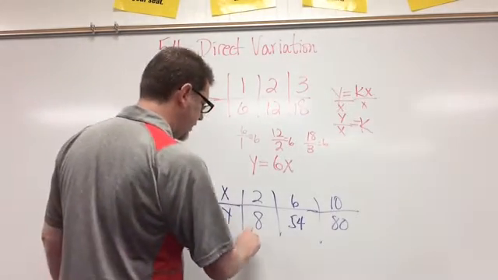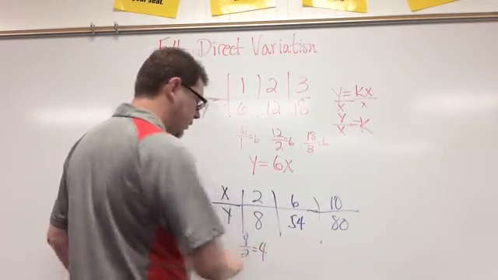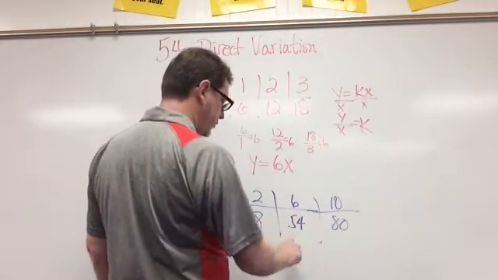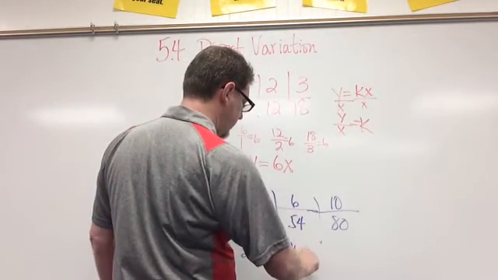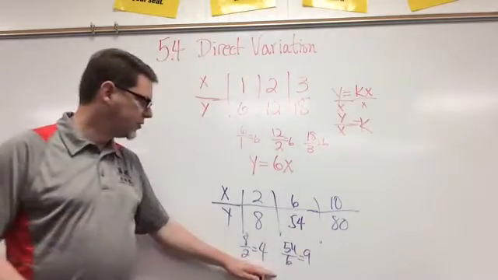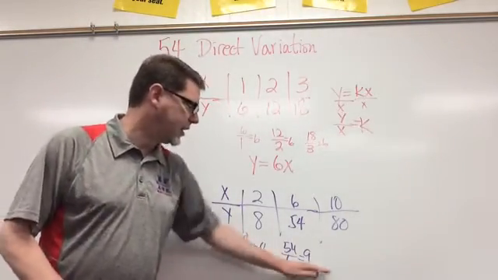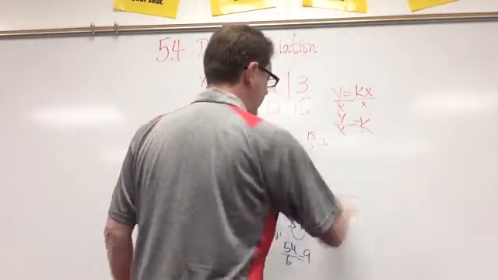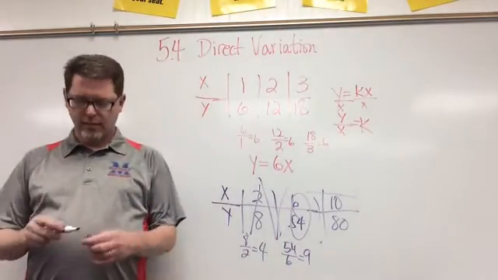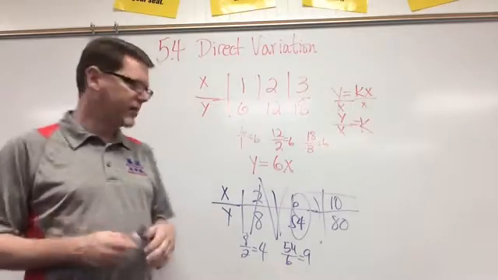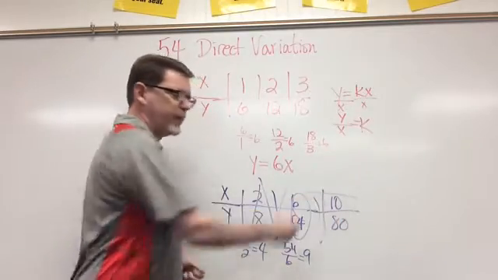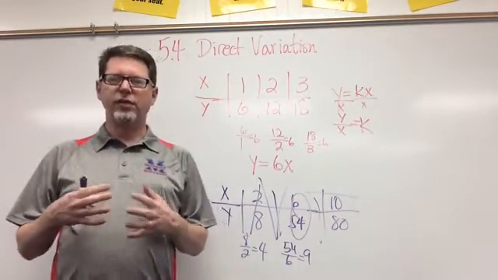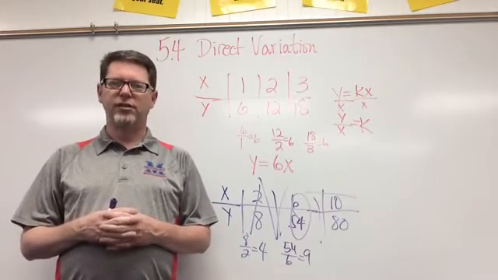So I do 8 over 2 equals 4, and I do 54 over 6, and that equals 9. Those two k's are not the same, so this is not direct variation. K has to be the same for every ordered pair in order for it to be a direct variation equation.